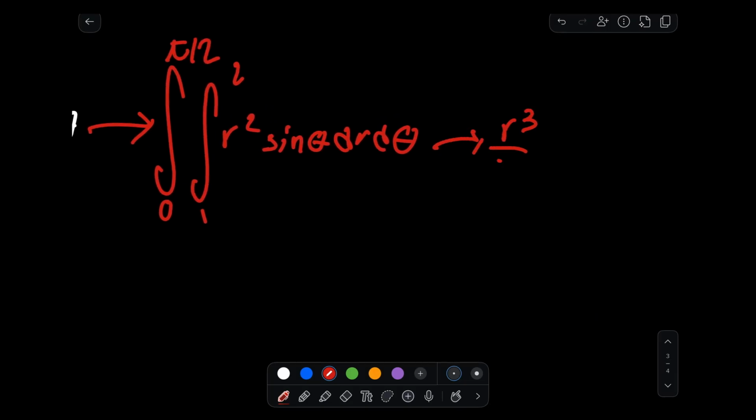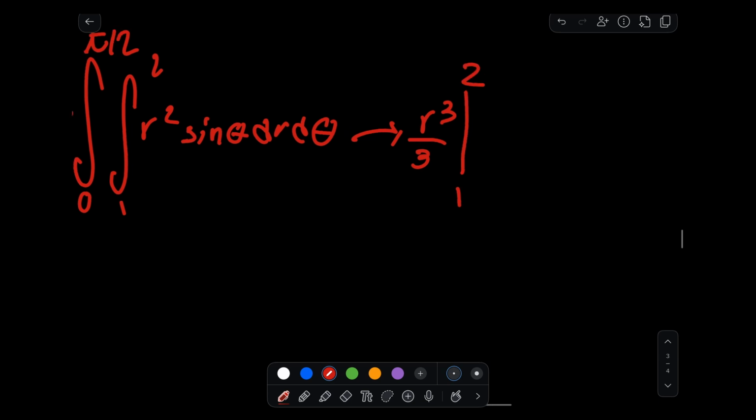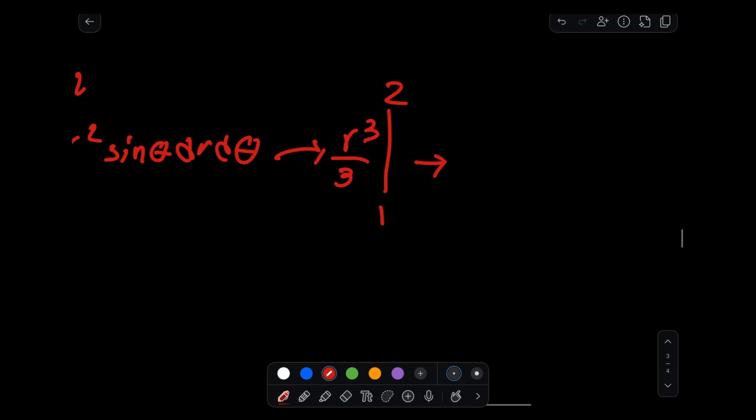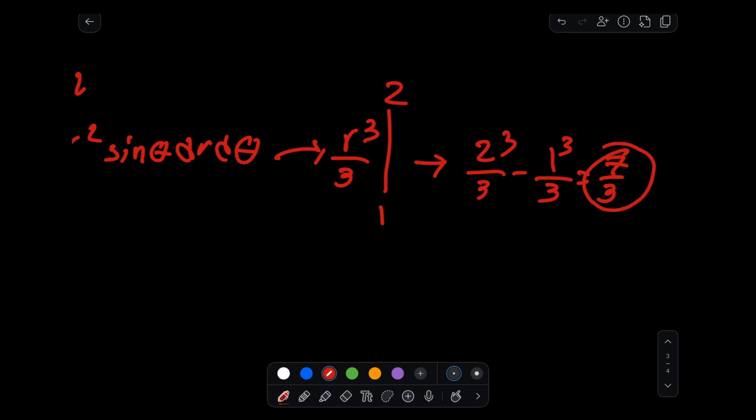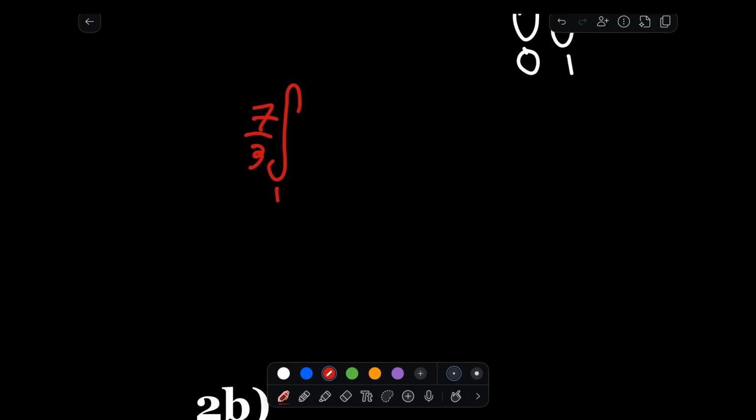Going back to our actual work, though, this is our antiderivative evaluated from our bounds, and then we get 2 cubed over 3 minus 1 cubed over 3, 7 over 3. Perfect. Let's bring this down here. Actually, not 1 to 2, excuse me, we already did that. 0 to pi over 2 sine theta d theta.